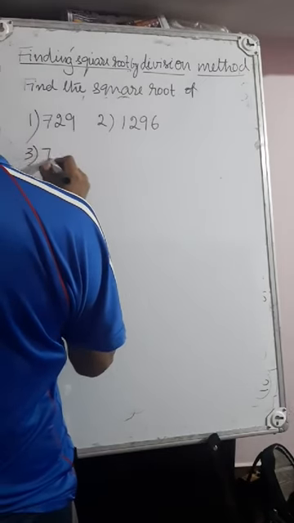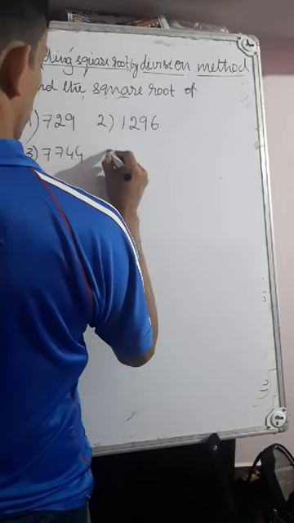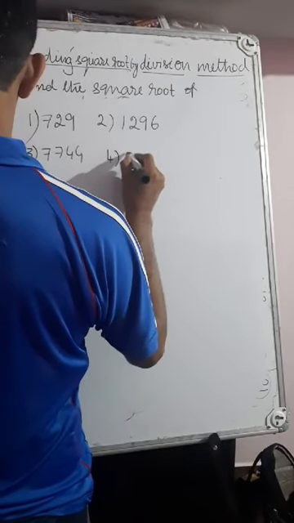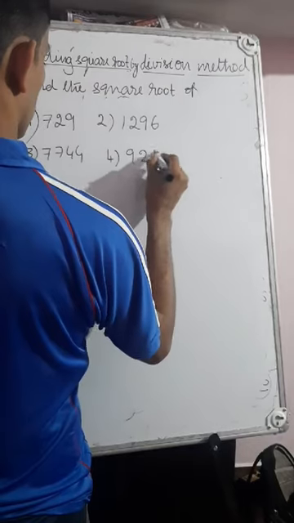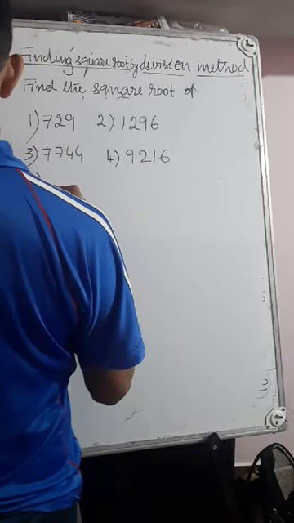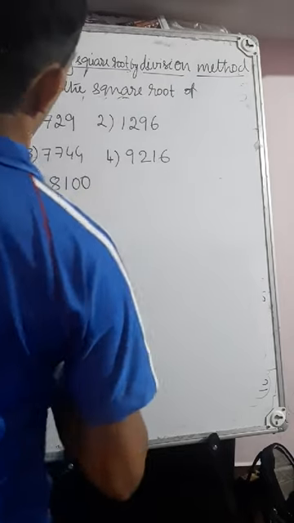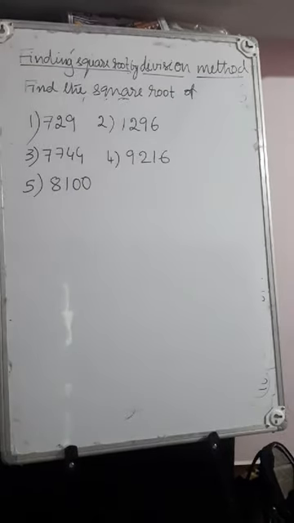Third problem, 7744. Fourth problem, 9216. Fifth problem, 8100. Try to get the answers for these problems and send me the answers before this evening.